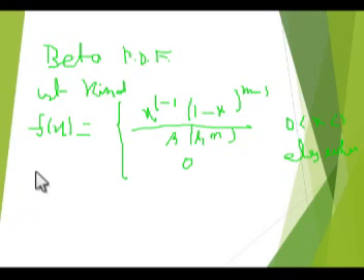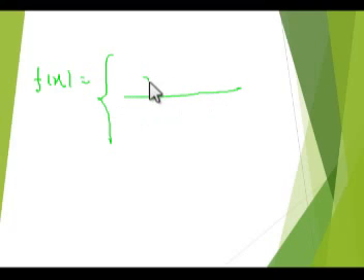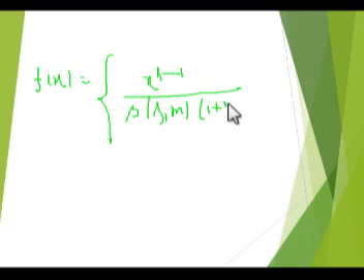And the second kind. The probability density function of the second kind is x to the power l minus 1, divided by beta(l, m), times (1 plus x) to the power l plus m.